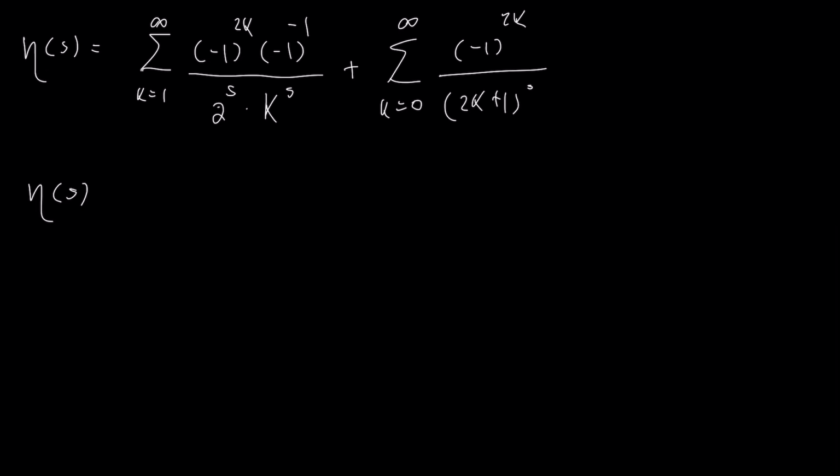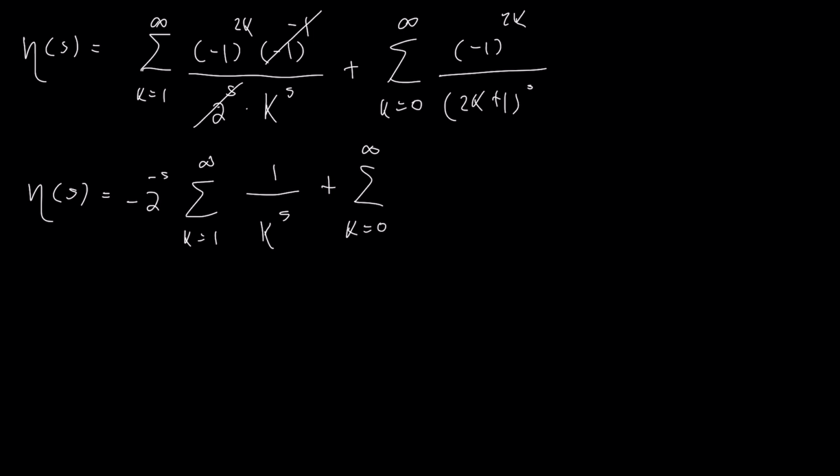So you have eta s. We're going to have a 2 to the negative s term. We're going to have a negative sign. And negative 1 to the 2k will end up being 1 for any integer k. So you have the sum from 1 to infinity, 1 over k to the s. Same thing for this one, plus the sum from 0 to infinity, 1 over 2k plus 1 to the s power.